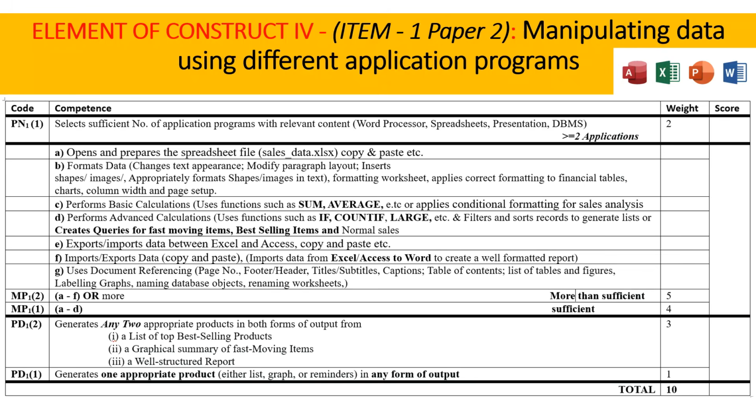Now, I want us to look at one item. After going through that item, we manipulate data using different application programs. Then we shall come back and focus on this very score sheet that has been made for that very item.